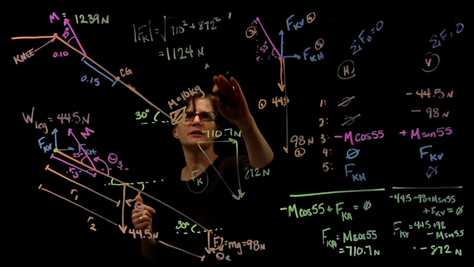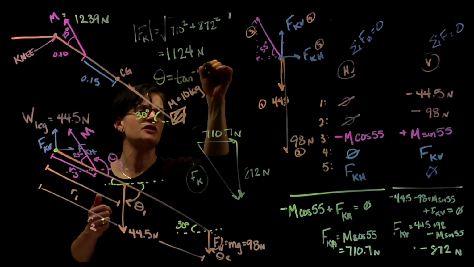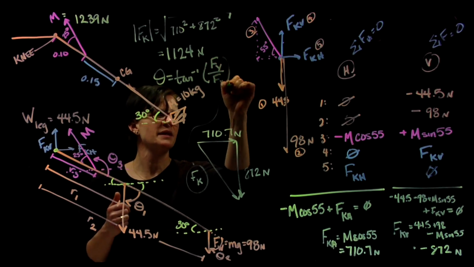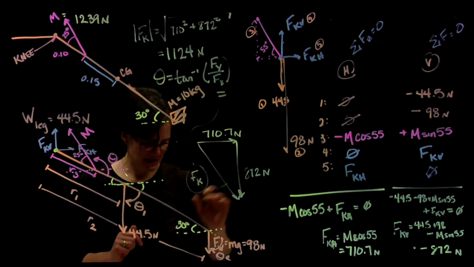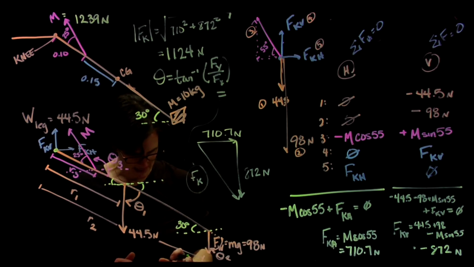But I also need the angle. Can't forget the angle. The angle is going to be the inverse tangent of the y component over the x component. The inverse tangent of negative 872 divided by 710. Got to put in my parentheses.